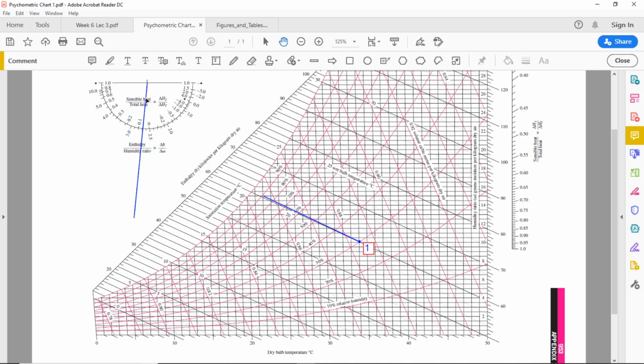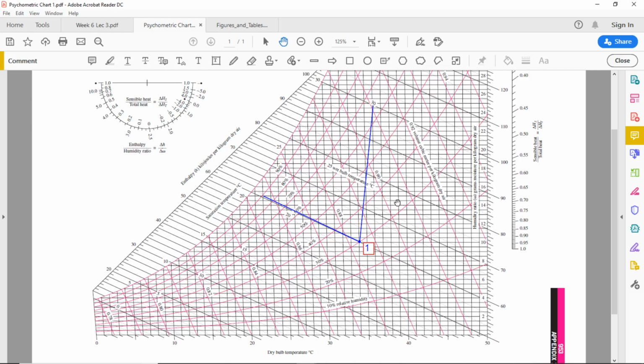And again I will draw a line parallel to this line from the state point 1, and that will give us the correct slope of the process of humidification when we have injected steam. And you can see again that the humidity ratio has increased, but at the same time the dry bulb temperature has also increased.